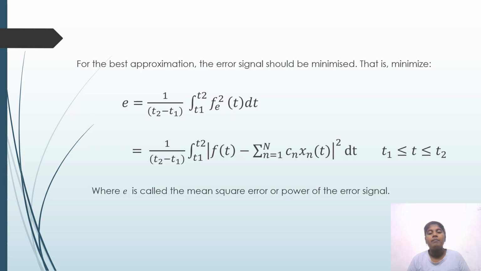E is called the mean square error, or the power of the error signal.